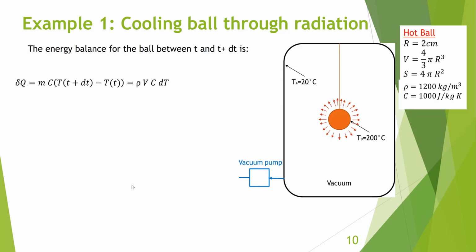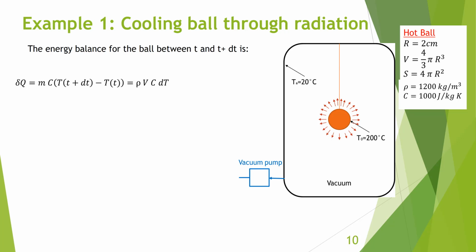So delta Q, which is the energy loss of this ball, is equal to its mass times its capacity times delta T, which is the temperature at time t plus dt minus the temperature at time t.